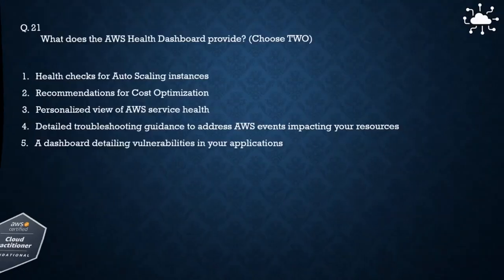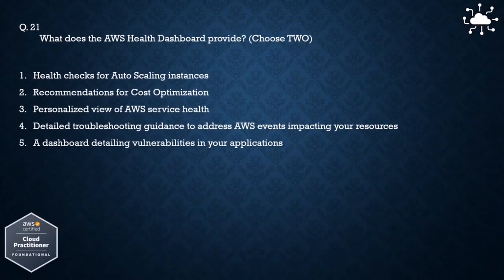Question number 21. What does the AWS Health Dashboard provide? Choose 2. 1. Health checks for autoscaling instances. 2. Recommendations for cost optimization. 3. Personalized view of AWS service health. 4.